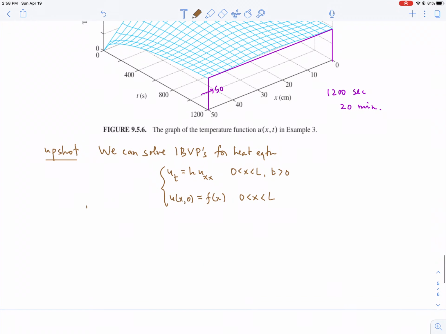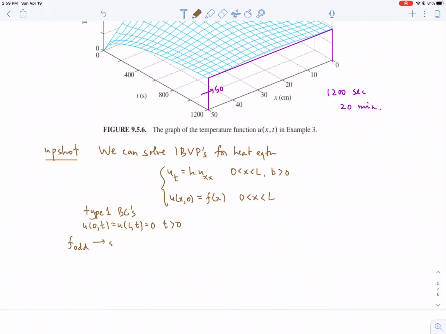For type 1 boundary conditions, where u of 0,t and u of L,t are 0 for t positive, we do the odd extension for f.